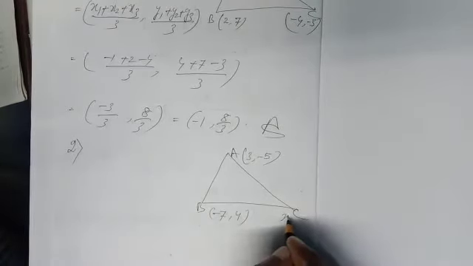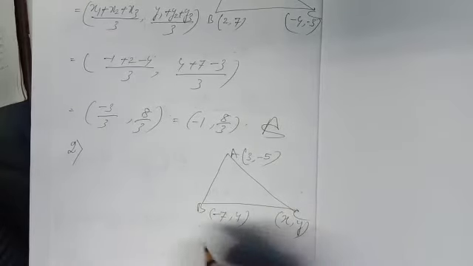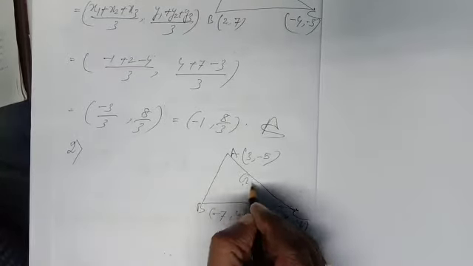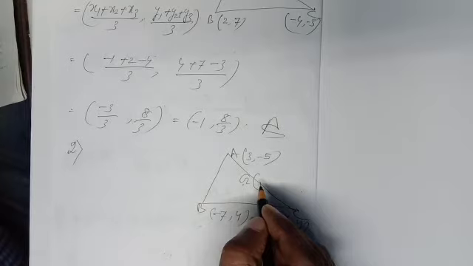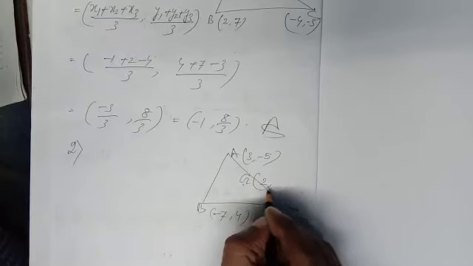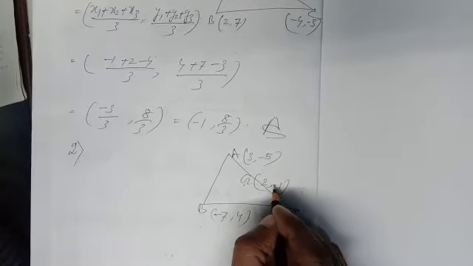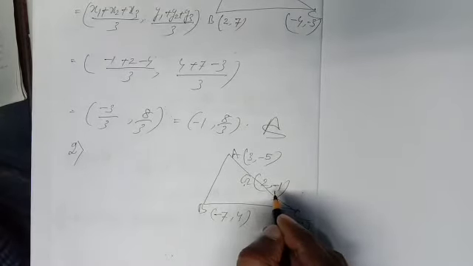Let the third vertex be x, y, and the centroid of the triangle is given as 2, -1.